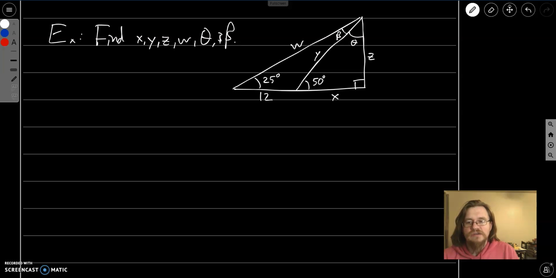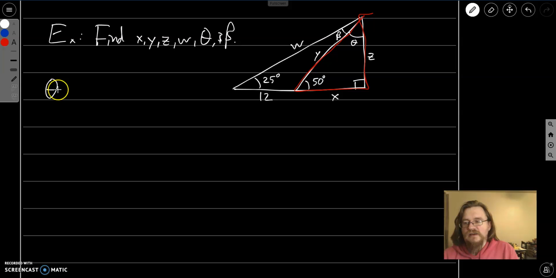Let's start with these angles, theta and beta. So for theta, we've got this triangle. Maybe I can highlight that in red. We have this triangle in here, and in this triangle, we can see that we have a right angle, a 50-degree angle, and theta. The angles of a triangle have to add up to 180.